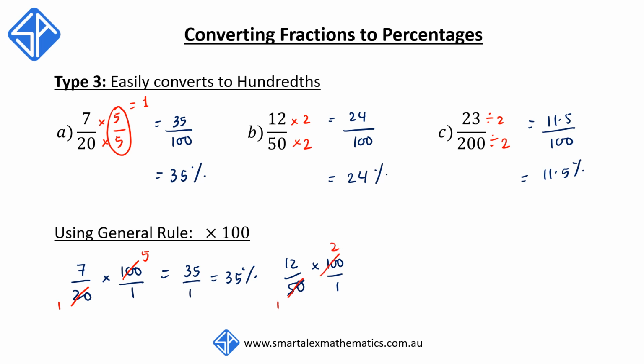We then multiply the top and the bottom. We're going to get 24 on 1, which is equal to 24%. And the last one, 23 over 200, if we multiply by 100 on 1, the 100 and the 200 will cancel out. This time we're going to get 23 on top, 2 on the bottom. This is the same as 23 divided by 2, which does reduce to 11.5%.